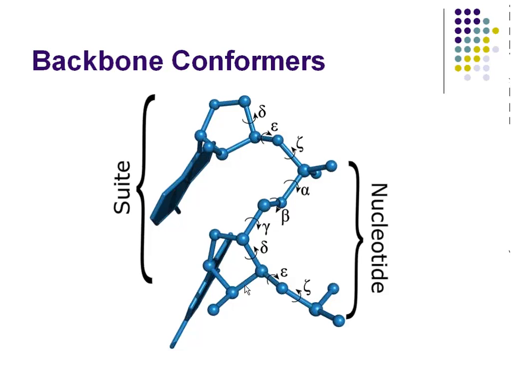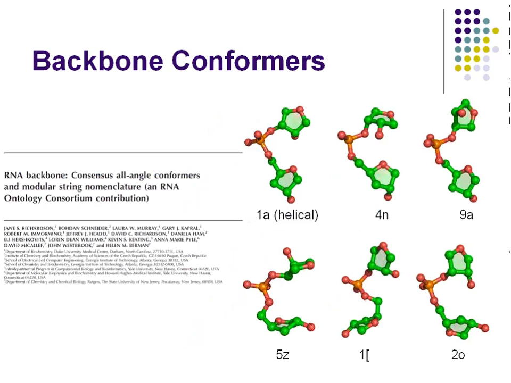The other important thing about the backbone conformers is that they're defined using approximate torsion values. They're not exact, so if you had some structure that looked almost exactly like this, but there was one atom a 100th of an angstrom out of the way, that still counts as the 4N conformer. It's the same way that the protein side chain rotamer libraries work. They're all approximate values.